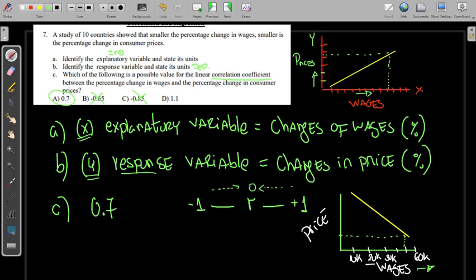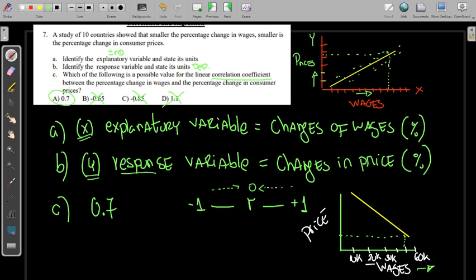0.7 is very close to positive 1. That means that the relationship between earning money and prices starts to be very close to positive 1. Probably there will be some dots of data like that, and it begins to look like a line that goes up, and that will be described by this number, because it's close to 1.